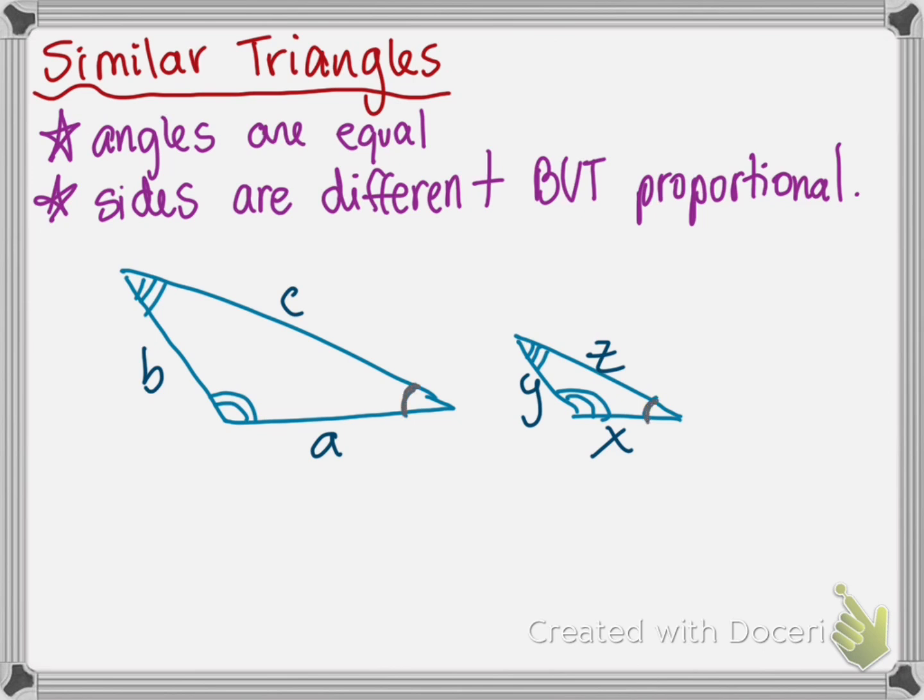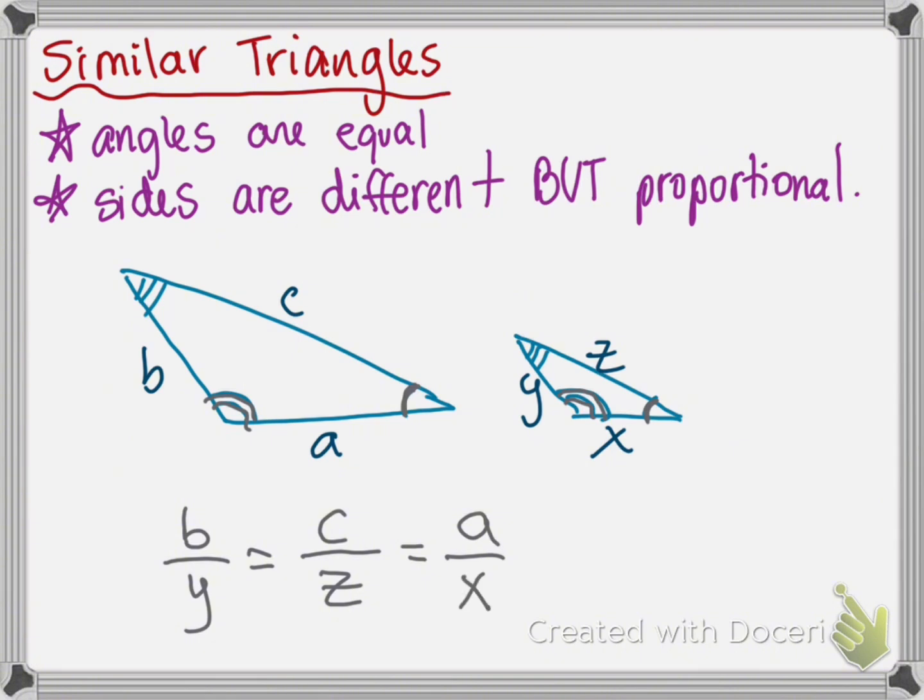So the sides that are opposite to those angles are going to be proportional. So we put b over y equals, and then the one that has two lines is c, is proportional to the one that is across from the ones with two lines, which is z. And then a, which is the one that is across from 3, and x.